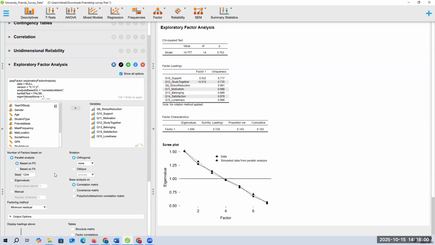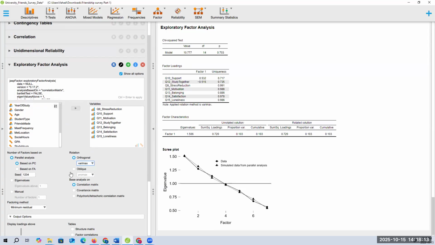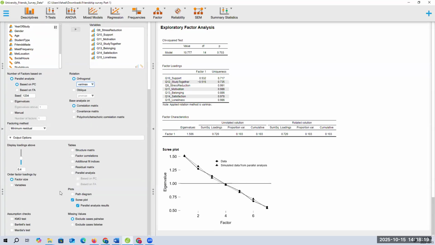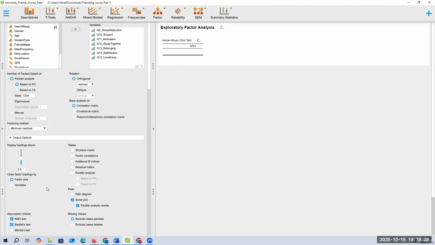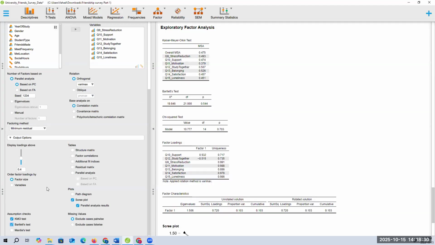Extraction. Variance. And next we got scree test. Still getting 1 factor, I guess.